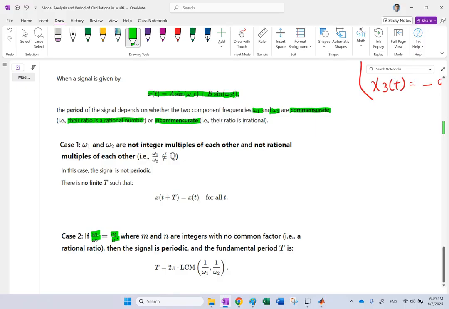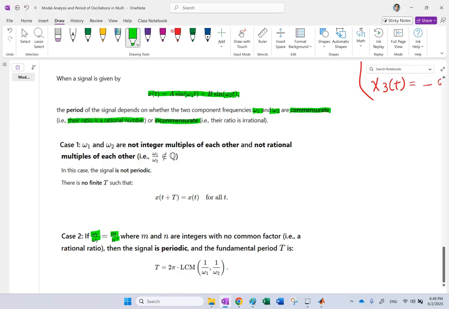Then the signal is periodic, and the fundamental frequency of that, the smallest frequency of that, will be 2 pi times the least common multiple of 1 over omega 1 and 1 over omega 2. For instance, let's say omega 1 is 6.5, and omega 2 is like 2.